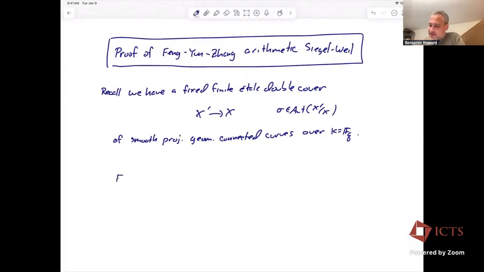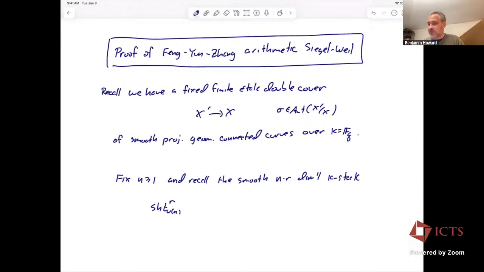Now we fix some integer n at least one, and recall the smooth n r dimensional k stack, the moduli space of unitary Shtukas with r legs.